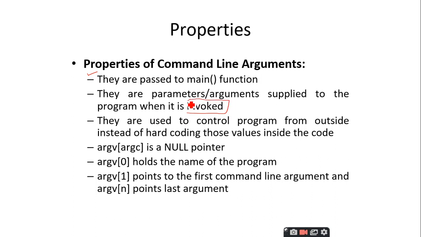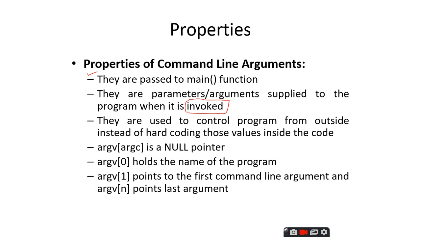We have seen the concept of invoking a function. While discussing the concept of functions, I told that by default the functions will be inactive in nature. So, whenever you want to make it active, you have to invoke that function, that is, you call that particular function. So, when you call a function, it is invoked.